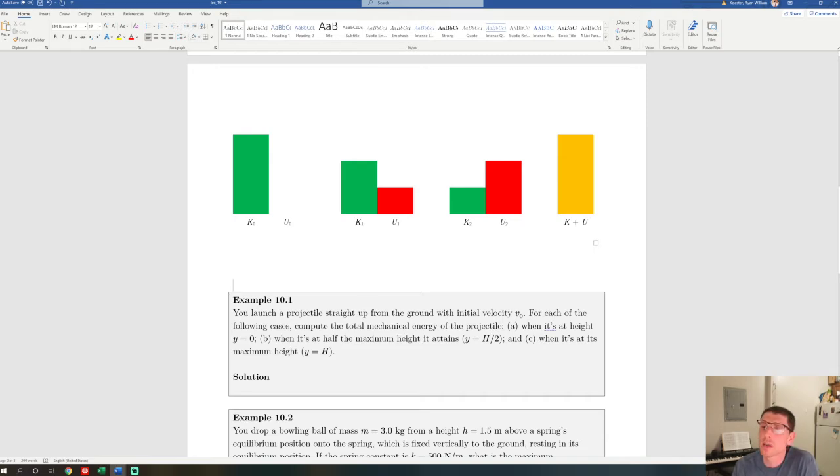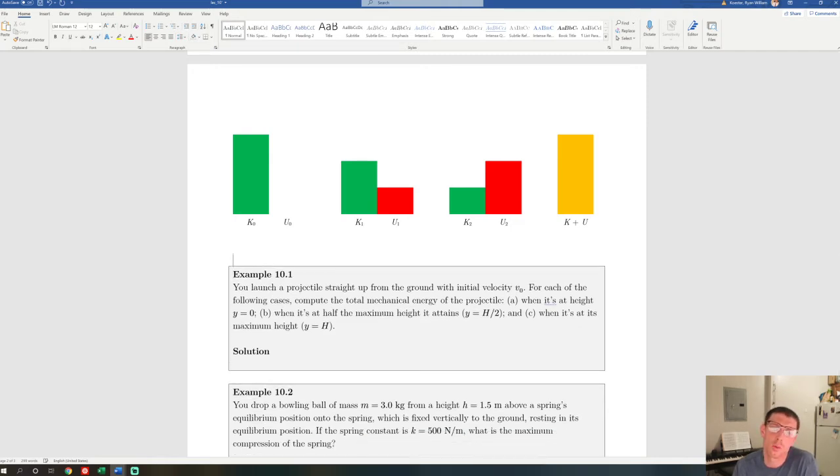Maybe I should have written just E here, because this is just our total energy. And adding K1 and U1 up pictorially here would result in one column that's the same height as this one, and then the same goes for this here too. I don't know if this helps, but I know this is a common way that this is represented in textbooks, so I wanted to use it. Okay, let's look at an example now though.